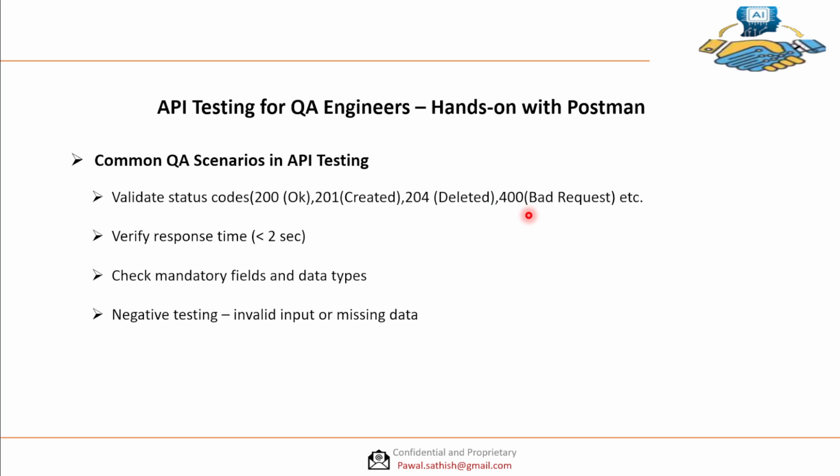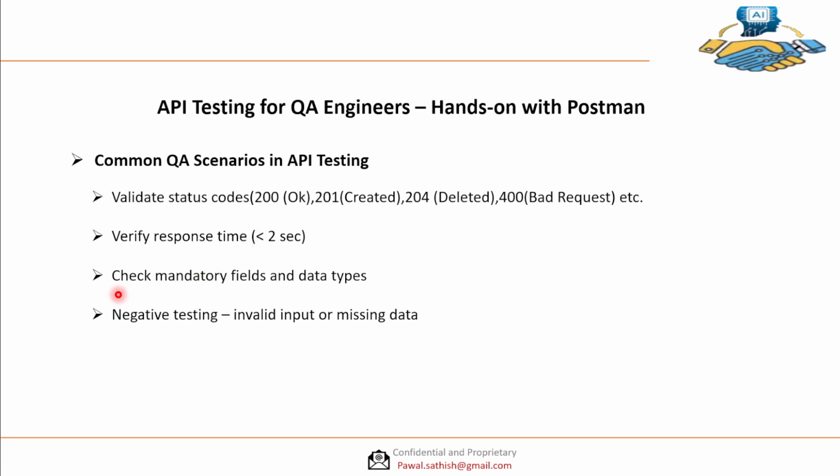If some parameter is missed or some issue is there in an endpoint, then it is returning 400. Then as part of our acceptance criteria, if the product mentioned that any API's response should be less than 2 seconds or 1 second, then we'll also need to verify it as part of QA verification.